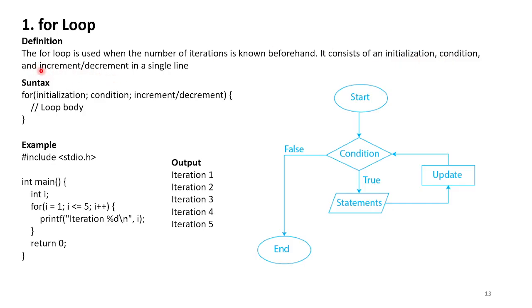The updation part can be an increment or a decrement, according to the question. So we can write the initialization part, condition part, and increment or decrement part in a single line. That is the advantage, and we are checking before execution of the body.